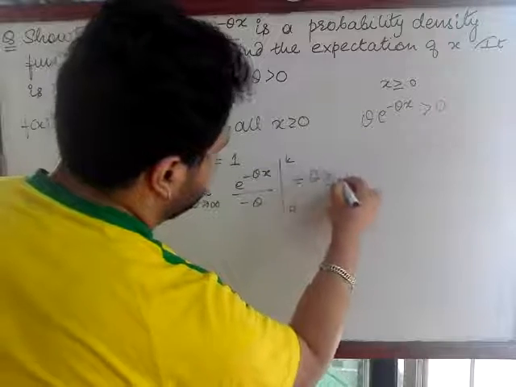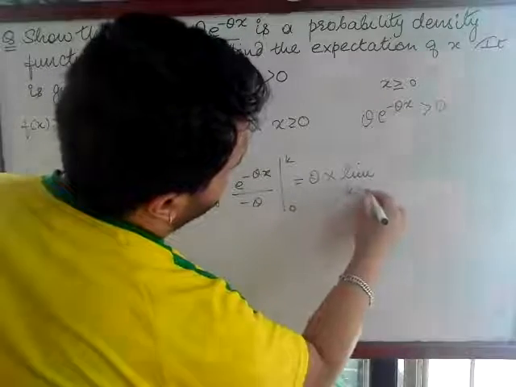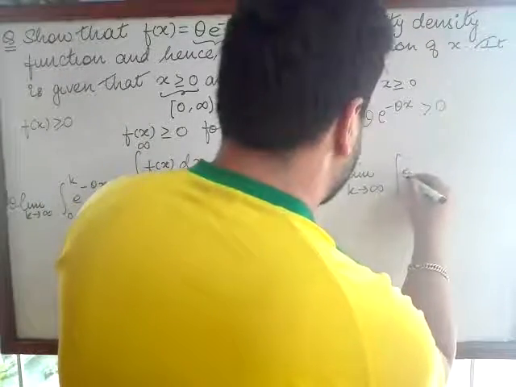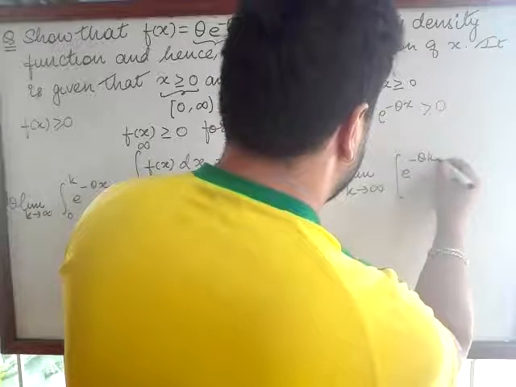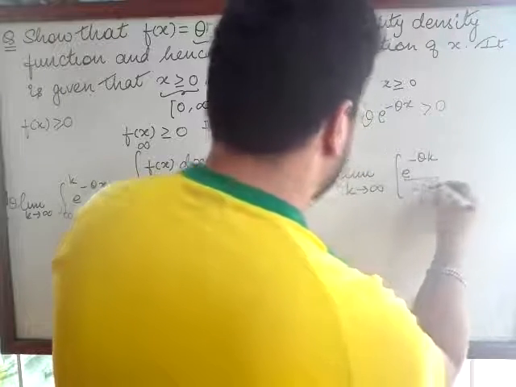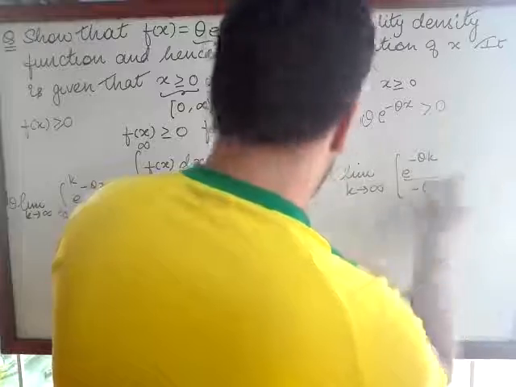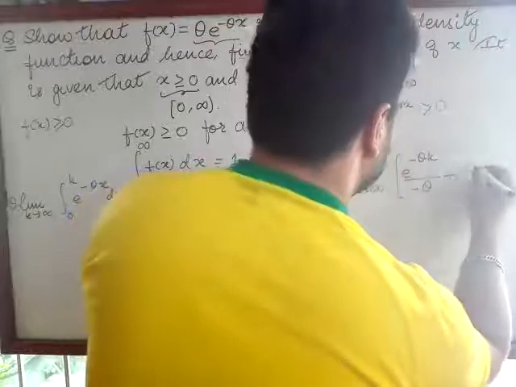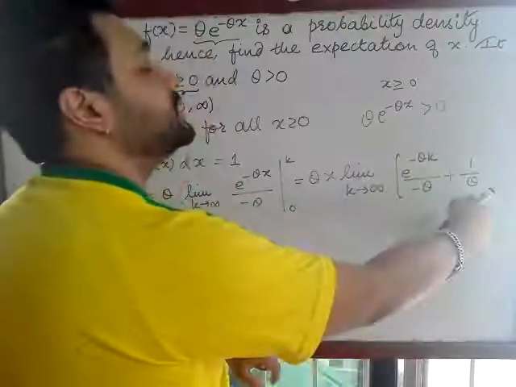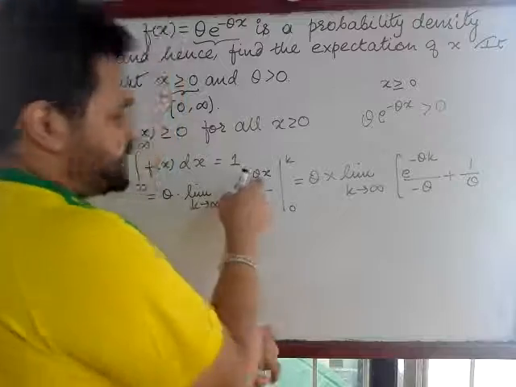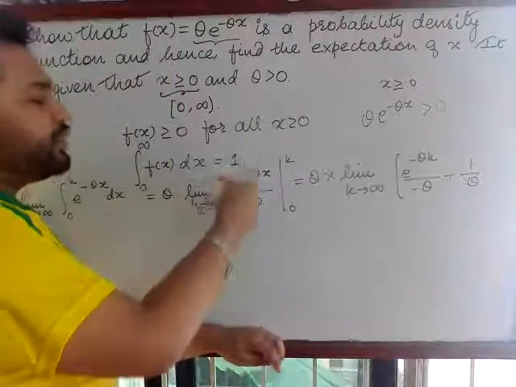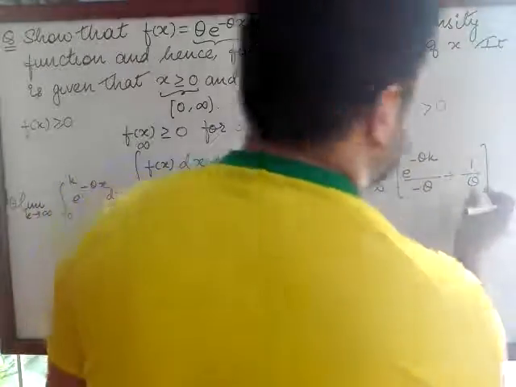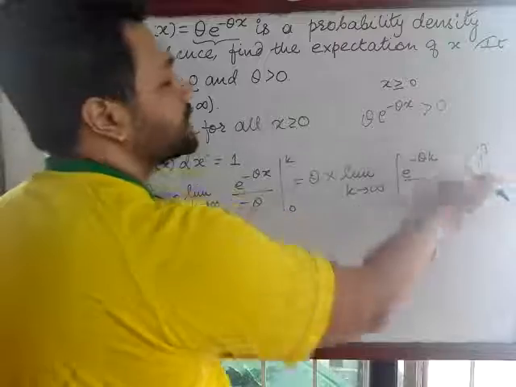So this is theta times the limit as k tends to infinity of e to the power minus theta k over minus theta, minus, and with the minus from the formula, this will be plus 1 by theta, because if you put 0 here, the numerator will be 1.